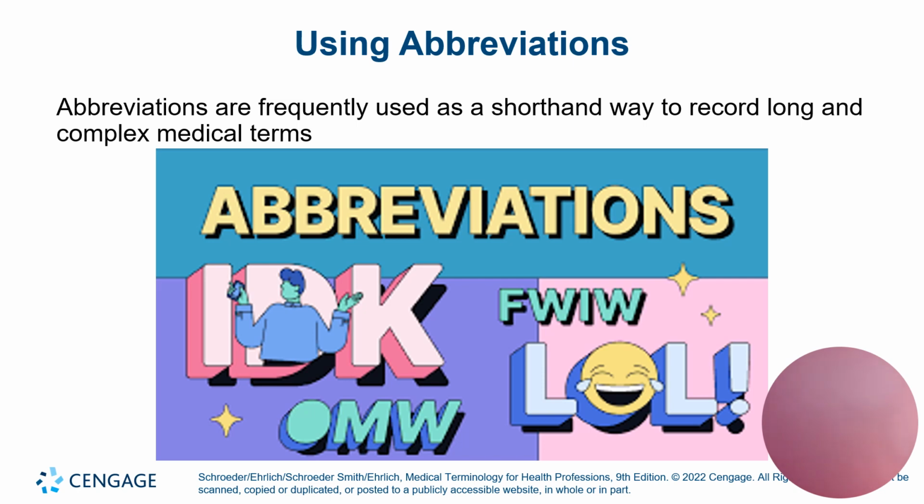QD and QOD: QD is daily, QOD is every other day, and sometimes they can be mistaken for each other. If we use U, it actually means unit, but when it's handwritten, sometimes it can be mistaken for a 0 or a 4, and that can drastically change the dosage that a client is supposed to receive.